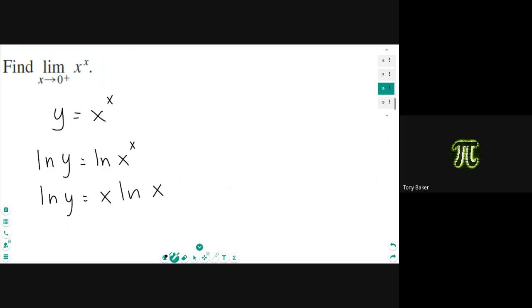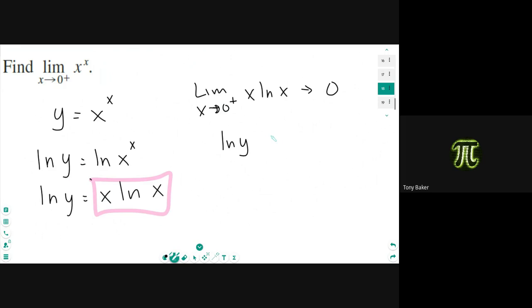Which is fine. This does work. Totally works. So we actually did that problem already today. What was the answer to that? We did it. So now we have the ln of y equals 0. And if we raise e to both sides, we get y equals 1, which is the answer.